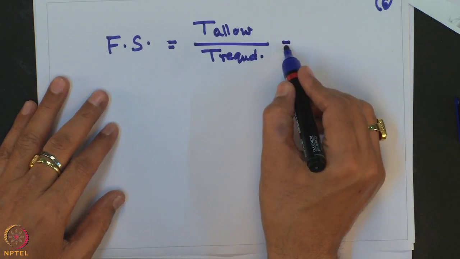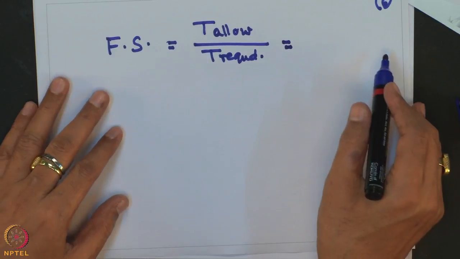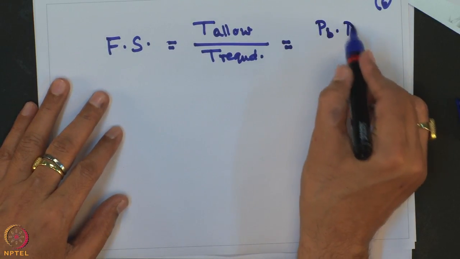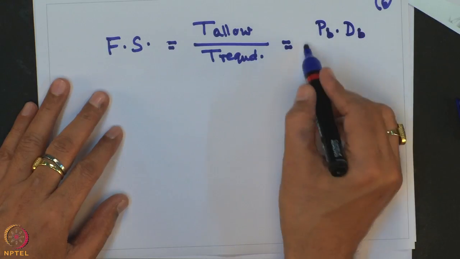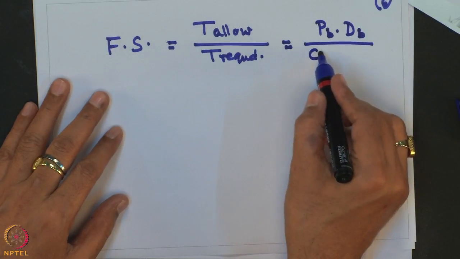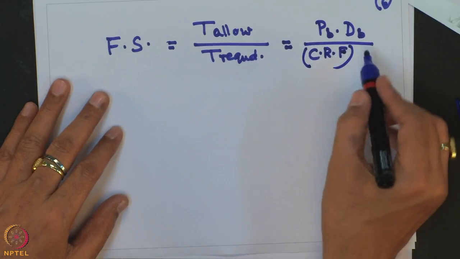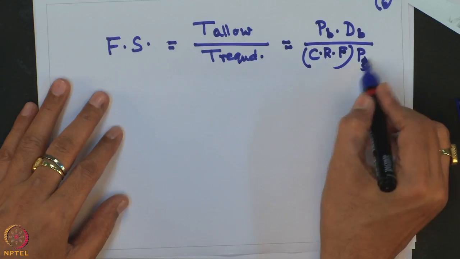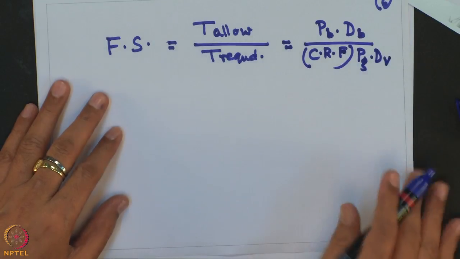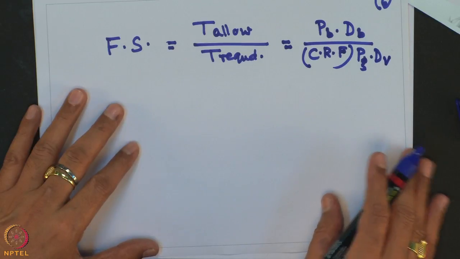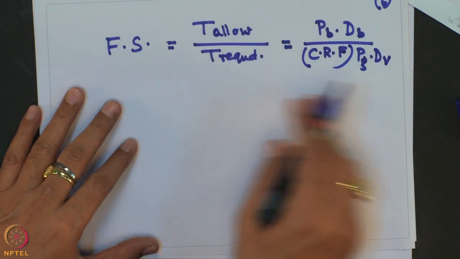So, T allow is P_B into D_B into cumulative reduction factor into P_g into d_V. From the earlier equation, the factor of safety is T allowable by T required.